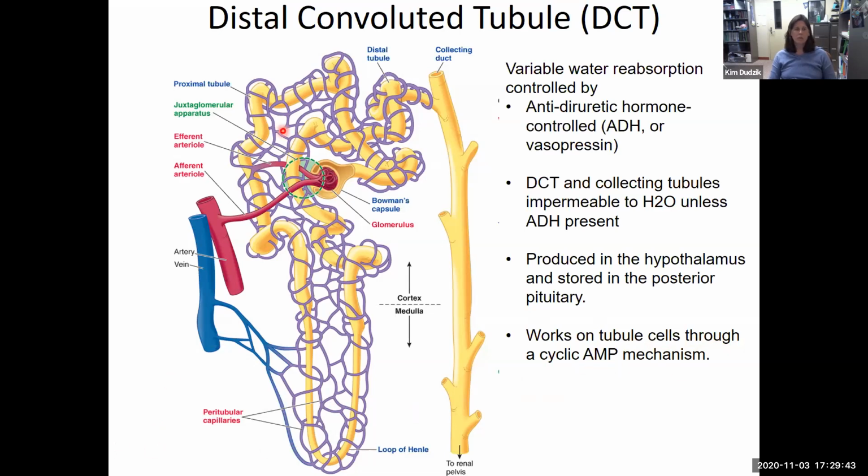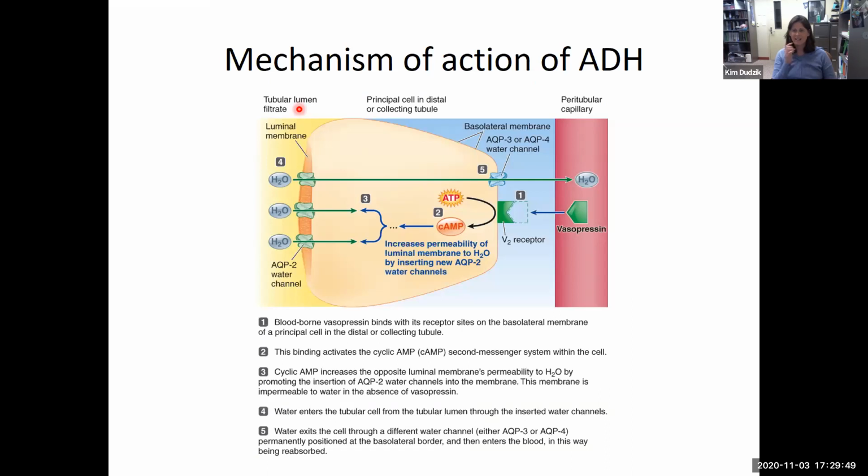So we're going to zoom in on a cell in the DCT or the collecting duct. Here's the lumen, here's the filtrate. Here's the cell. Here's the basal side of the cell. It's got a receptor, because antidiuretic hormone travels in the blood.